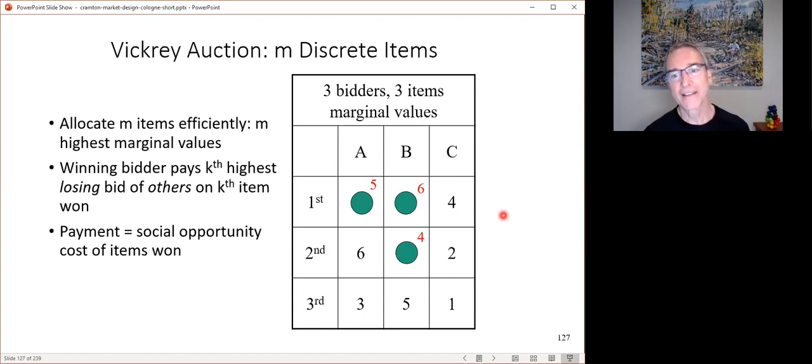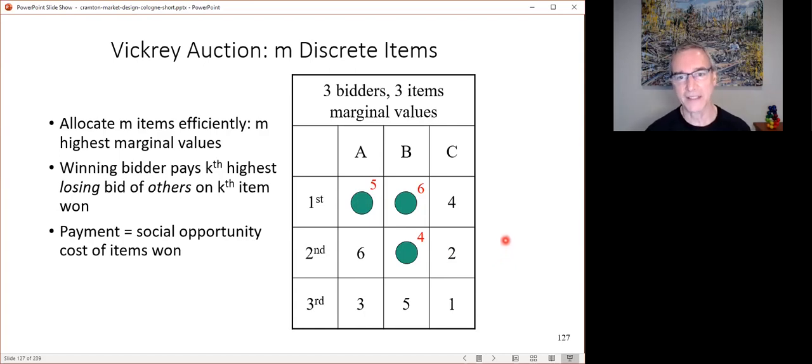So that is the Vickrey pricing. And you can see the Vickrey pricing is not uniform price, it's not pay as bid, it is this social opportunity cost pricing. The pricing is specific to each individual, and that's one of its downsides. But the virtue is that truth is a dominant strategy, just like in the second price auction.